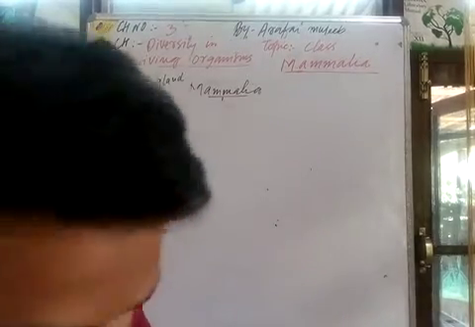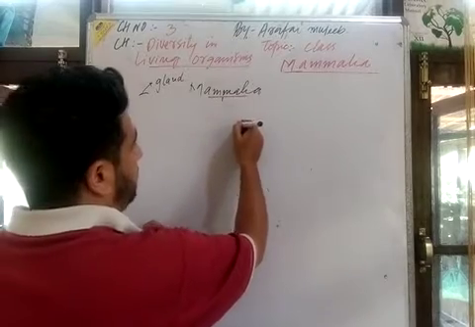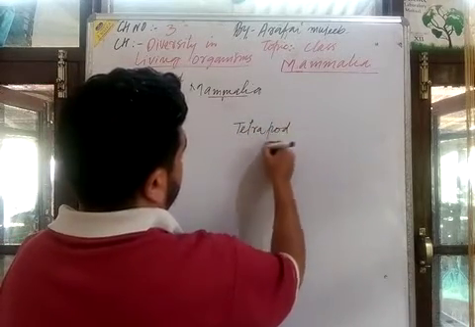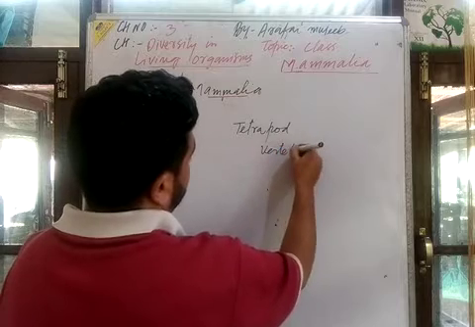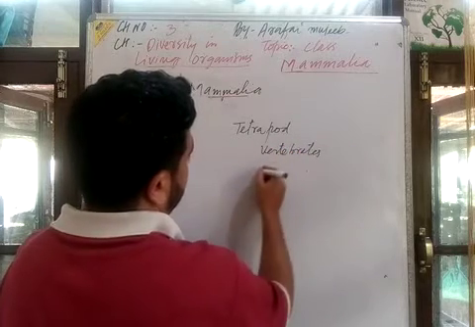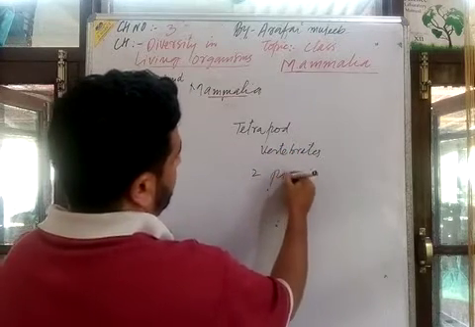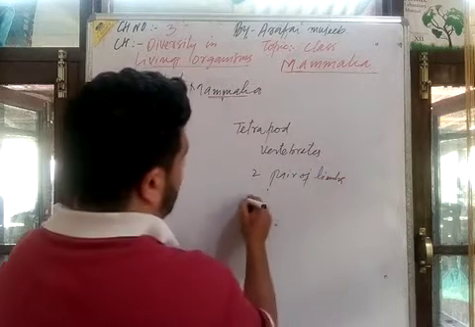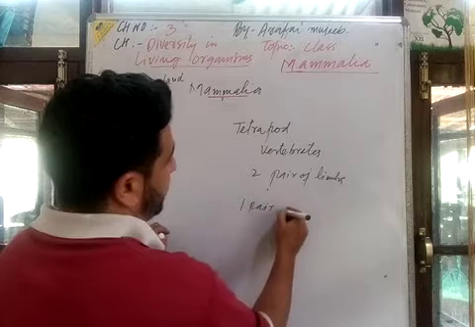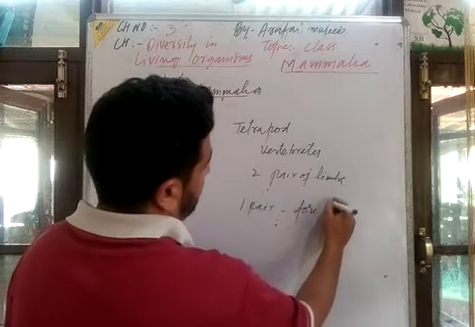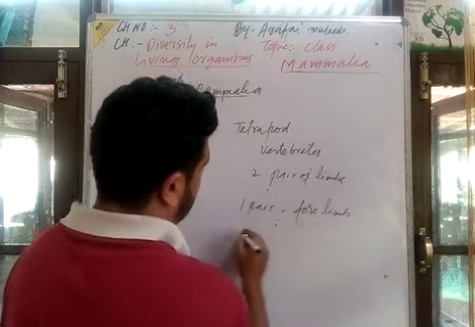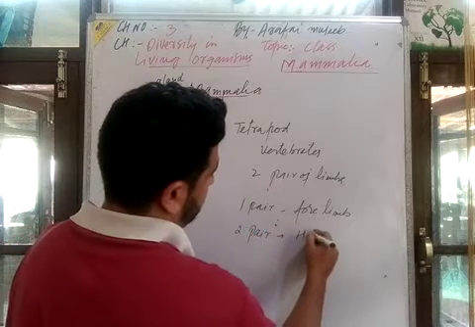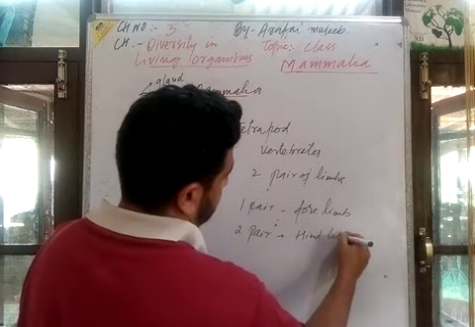They have limbs. They are tetrapod vertebrates, and there are two pairs of limbs, as I just showed you in the diagram. One pair is known as forelimbs, and another pair is hind limbs.